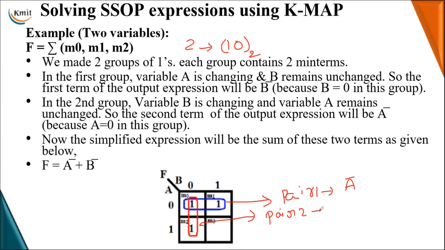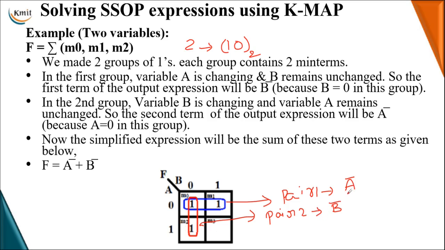Let me check the common variable for these 2 minterms: it is b, where the value is 0. For m0, a value is 0, for m2, a value is 1. Hence the different variable a is dropped, and only the common variable b is written as the product term of pair 2.